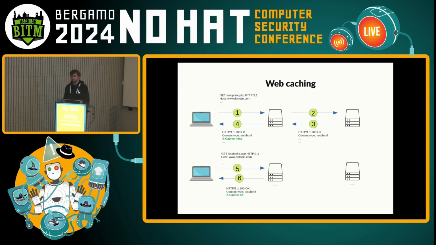And the next time a client on the web requests the same resource, the resource will be served by the intermediary node, so they can avoid useless traffic between the intermediary node and the origin server, and improve, of course, performance.